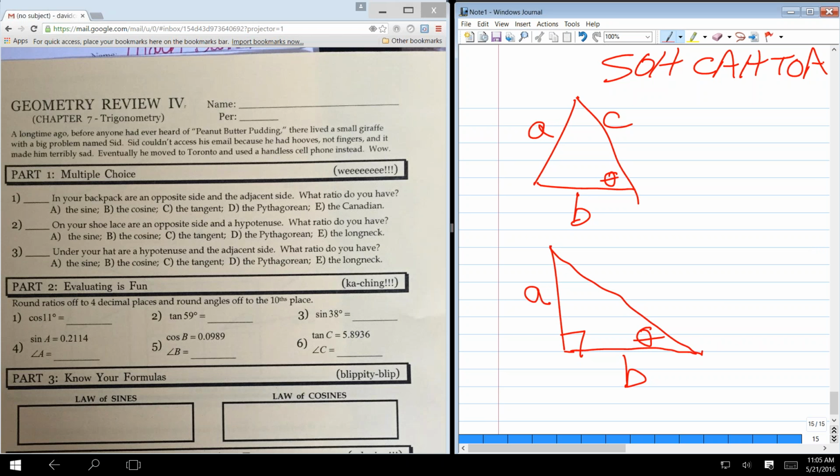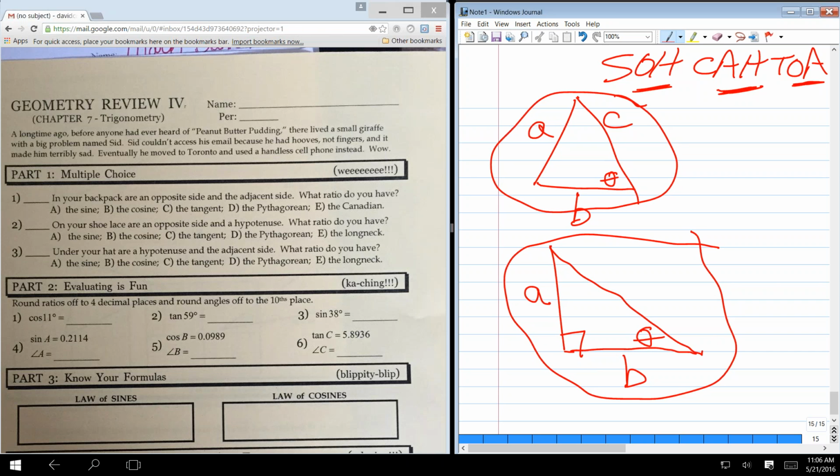If I have just A, just B. There's my opposite and my adjacent. Would that be tangent? Yeah, it's got to be tangent. Because with sine, I need an opposite and a hypotenuse. With cosine, I need an adjacent and a hypotenuse. So the only one that involves opposite and adjacent is tangent. But again, that only applies in right triangles. It is not true in this triangle that I drew.